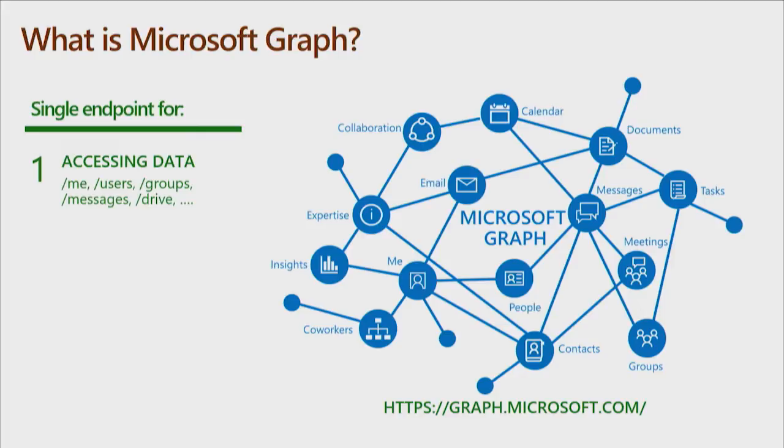It's messages, it's your files and your sharing. It's all kinds of bits of data inside of Microsoft Graph. And it also works like a graph too, which is to say you can actually traverse it through REST endpoints. So you can start with me, you can find out who my manager is, you can find out the set of files that they're working with, then you can find out who modified those files, and keep going through the graph to find the information that you need.